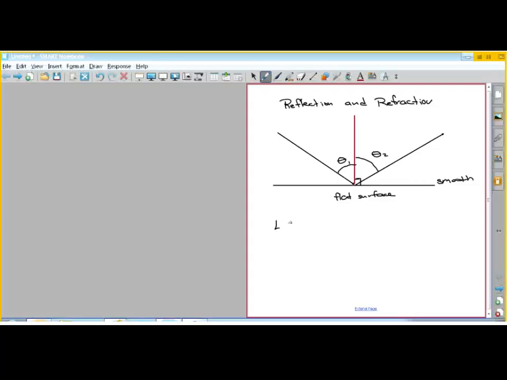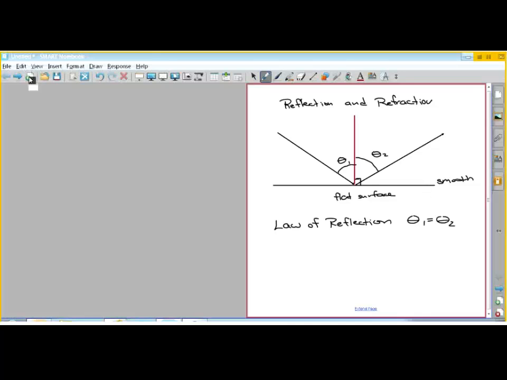Now the law of reflection for a case where you have a smooth surface is that theta 1 is equal to theta 2. So there's a symmetry. You could also say this angle here is equal to that angle there. It's the same situation, but we're going to define the angle relative to the perpendicular. So that's the law of reflection.